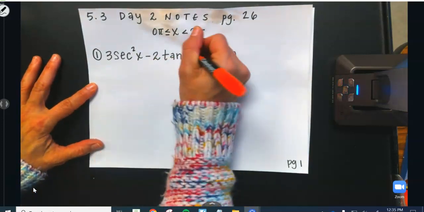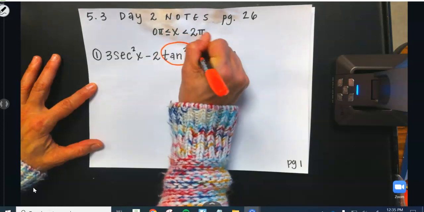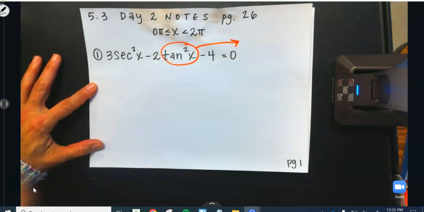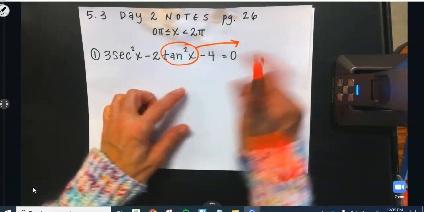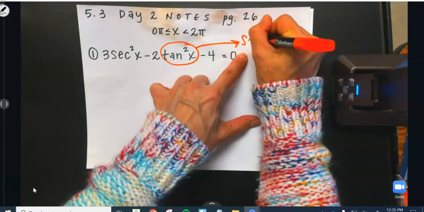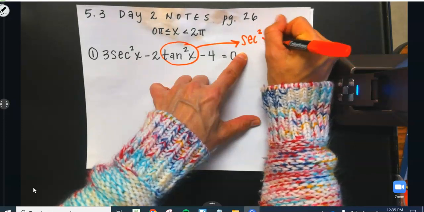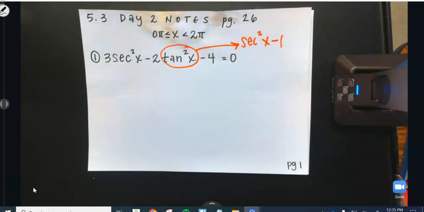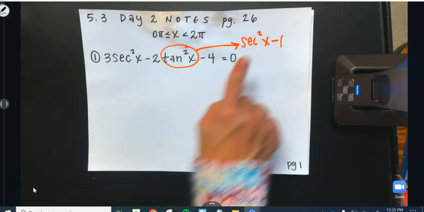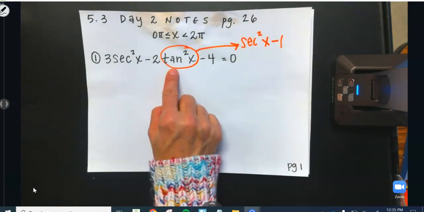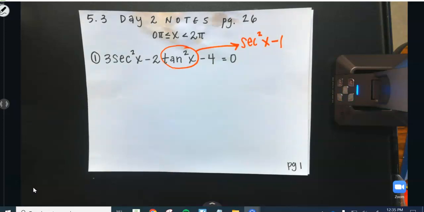I am going to change this in terms of secant. So remember, tangent squared is going to equal secant squared minus 1. So on the next line of my paper, I'm going to just drop this in where tangent squared of x is.